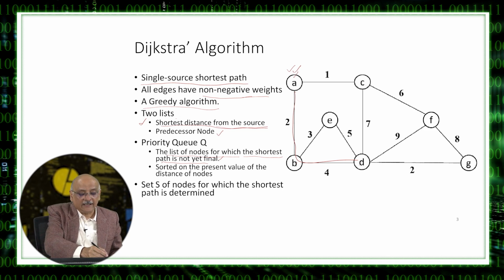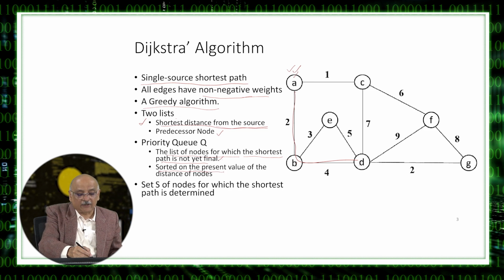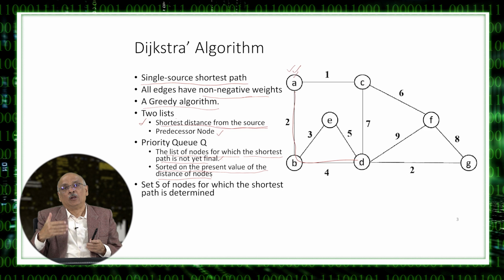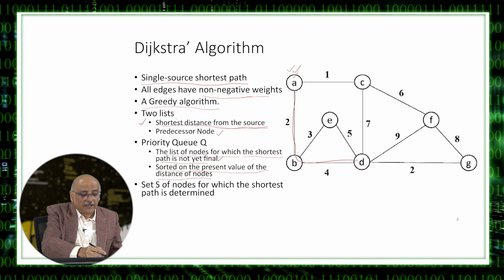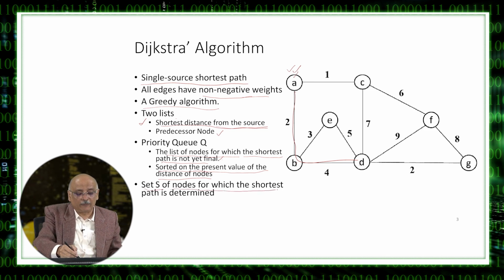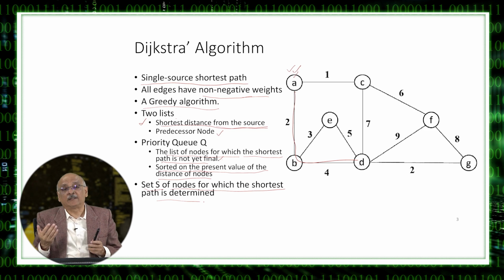This list will be sorted on the present value of the distance of the node, whatever weight you have selected. And then we have a set S of nodes for which the shortest path is determined.